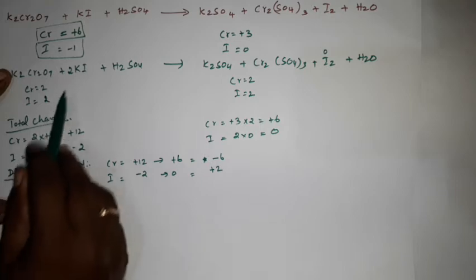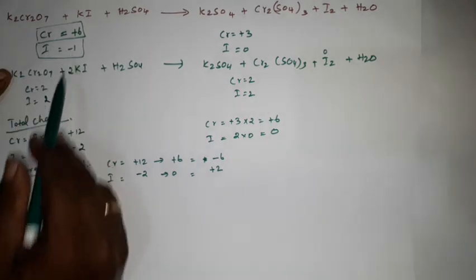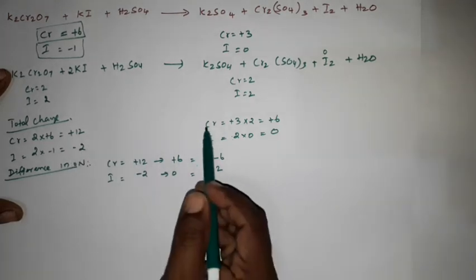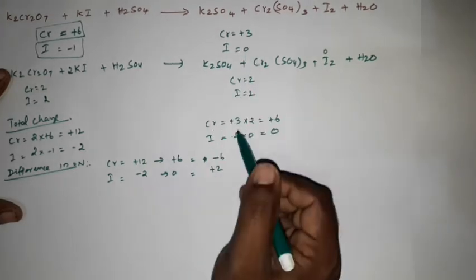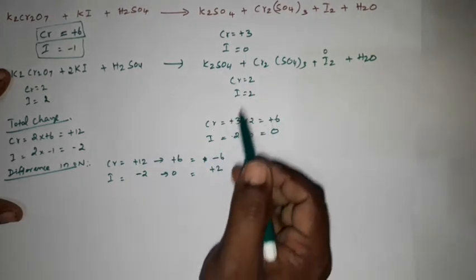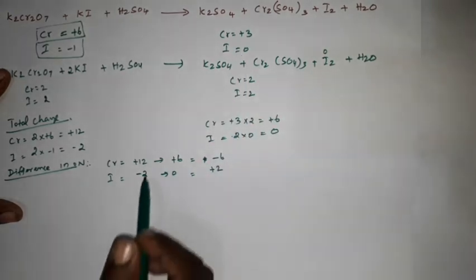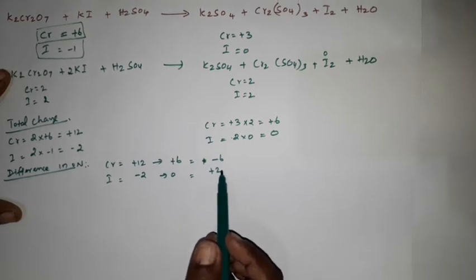Also iodine, here 2 iodine is here. We calculated for 1 iodine, it was minus 1, so 2 into minus 1 equals minus 2. Likewise here chromium, 2 chromium atoms, for 1 chromium that is plus 3, so total plus 6. Iodine, 2 iodine is here, for 1 iodine it is 0, so it will be 0. Now find the difference. That is the final change in oxidation numbers.